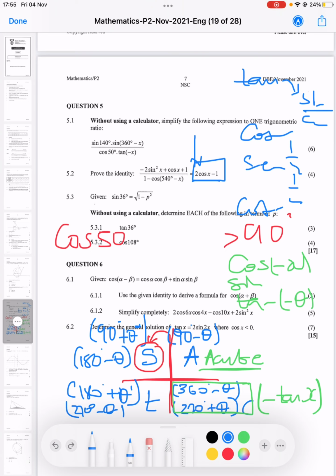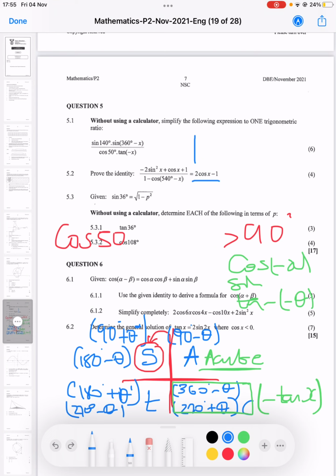So if you have those tan, cosec, sec, and cot, you need to change those into cos or sine. Let's have a look at the left hand side. Can you see there, you have this angle that you need to work out, that you need to reduce.